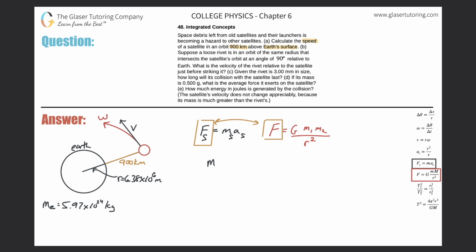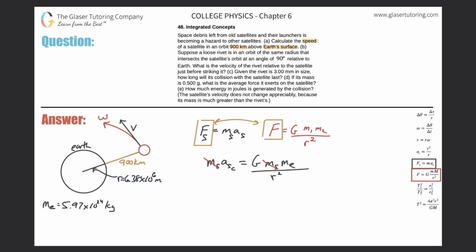So the mass of the satellite multiplied by the acceleration of the satellite, remember, that is the centripetal acceleration, will equal the gravitational constant multiplied by the mass of the satellite, that's one object in this system, multiplied by the mass of the Earth, that's the other object in the system, all divided by the distance between them squared. Now what do we notice? These masses can cancel. The mass of the satellite doesn't matter, it cancels.